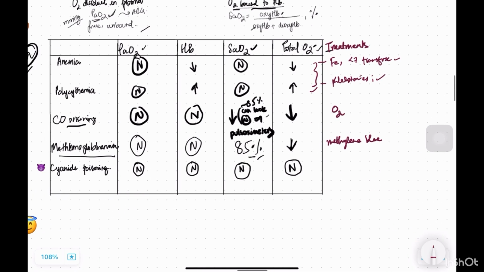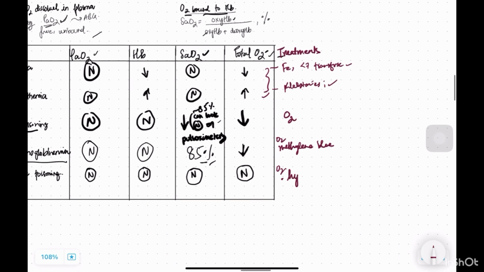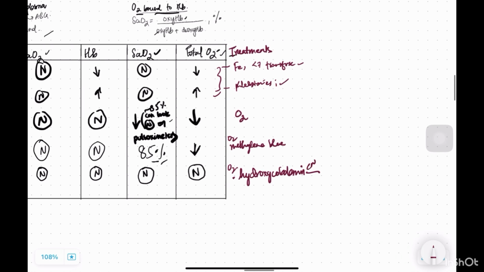Now, the treatments of cyanide poisoning is where it gets very interesting. So here also you'll have to give oxygen. Now the antidotes are, the most preferred option, the safest option, is giving hydroxycobalamin. This combines with cyanide to form cyanocobalamin, which is basically like vitamin B12.